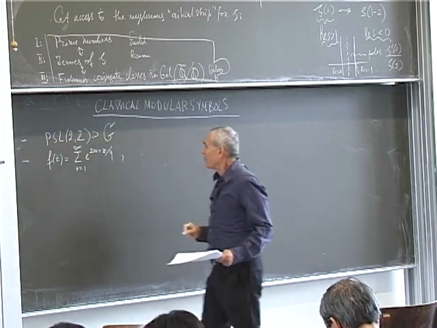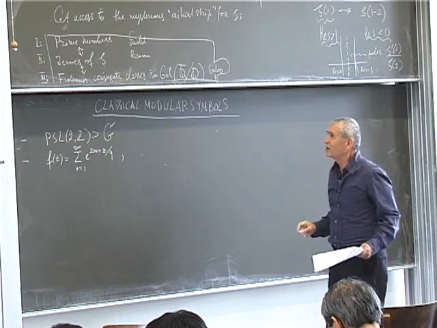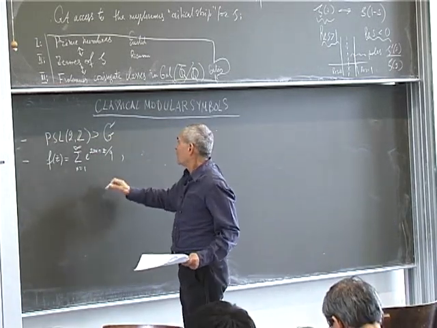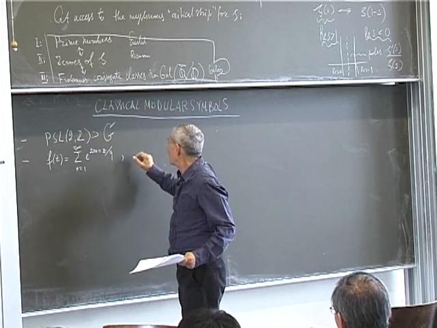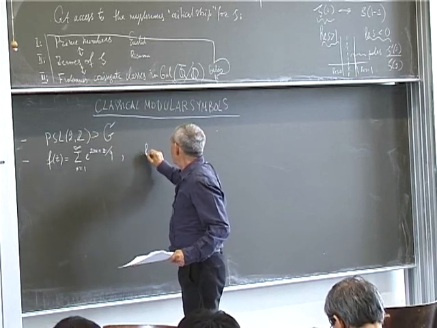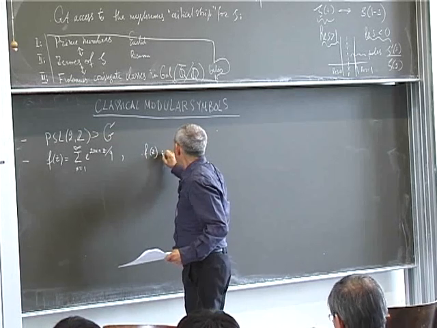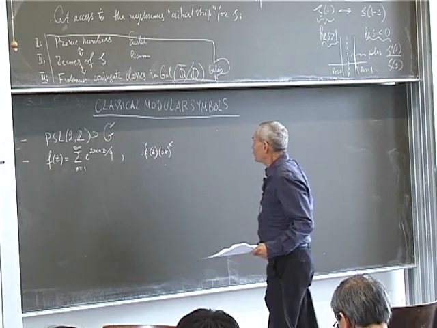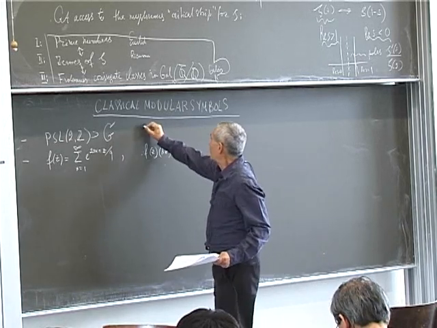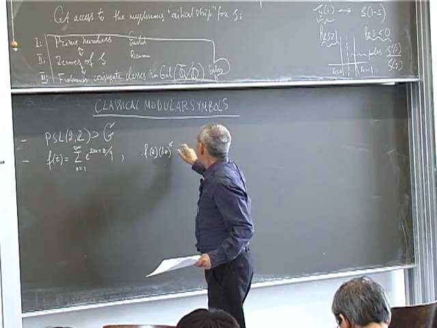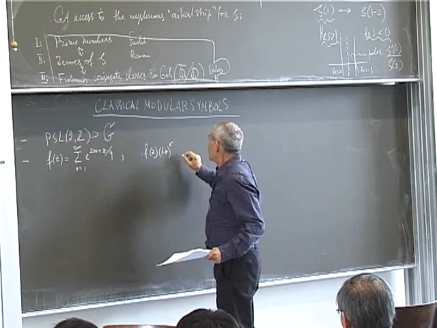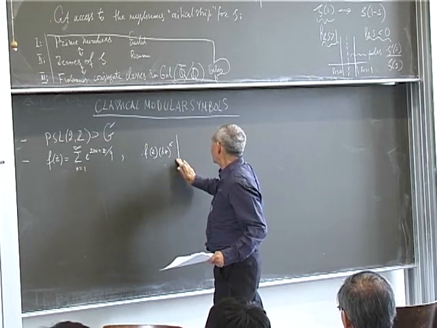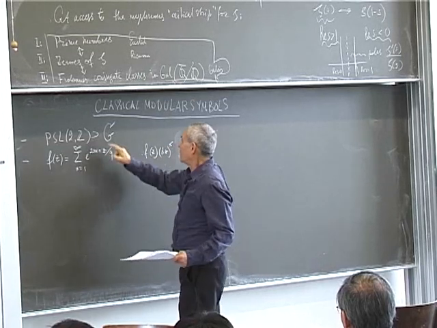But what is important is to specify the type of invariance with respect to elements of this group. And the type of invariance will be this. I will take a formal tensor differential of some power k, and I just will ask it to be invariant with respect to elements of this group.